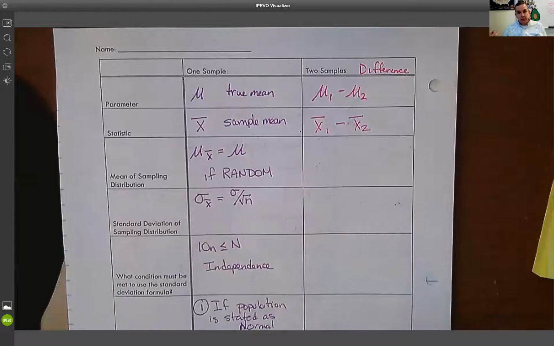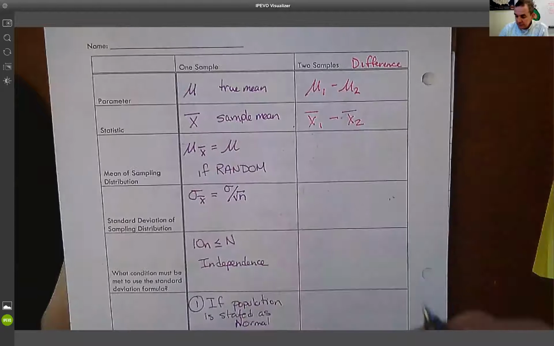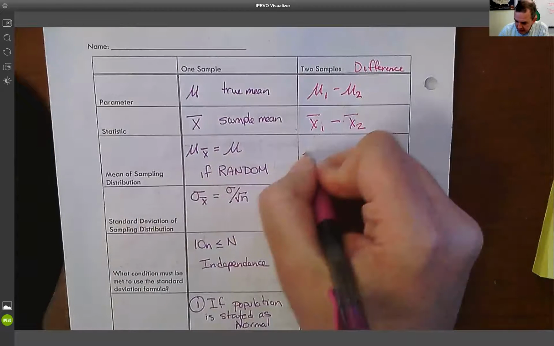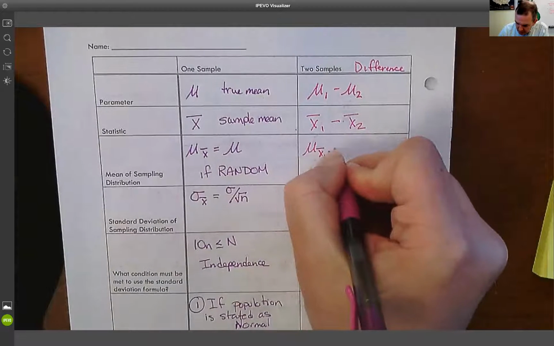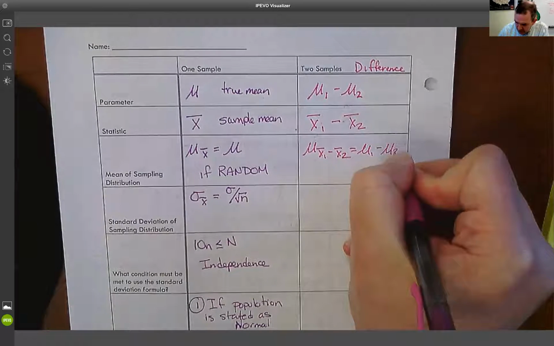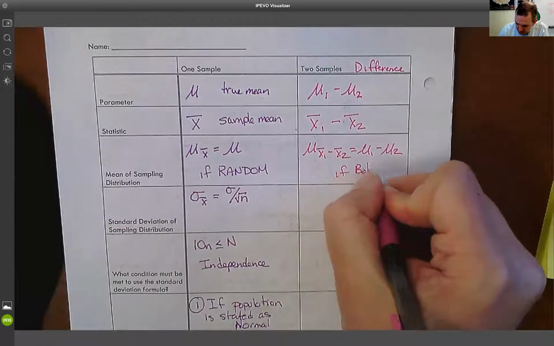And again, we're looking for 0 typically as the magic number. 0 means no difference. If there is a difference, then we can address that concern. Now, the mean of the sampling distribution, the mean of X bar 1 minus X bar 2, is going to equal mean 1 minus mean 2 if both are random.